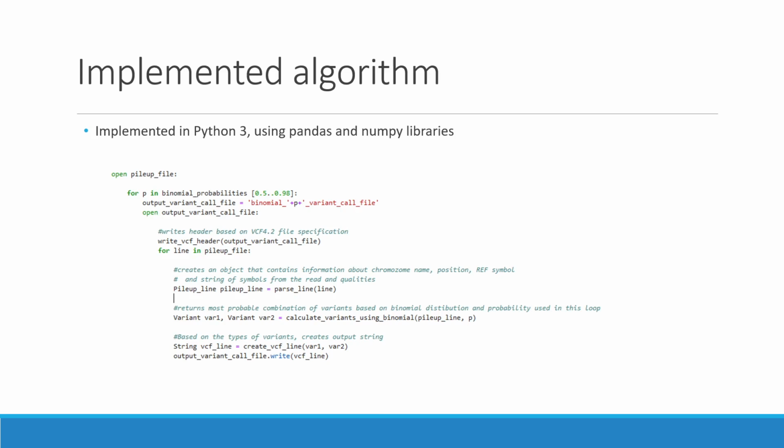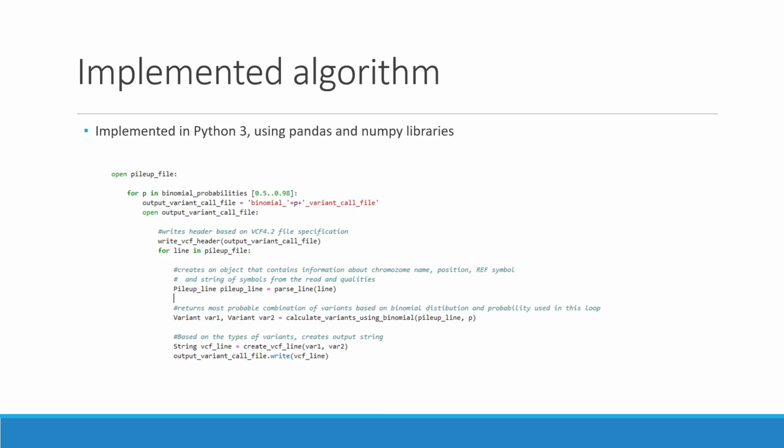The algorithm is implemented in Python 3 using pandas and NumPy libraries. It opens a pileup file, and then for all the values of single success probabilities, it creates a different variant call file, writes its header, and then goes through the pileup file line by line and parses it to get the information for every position: the chromosome name, position, reference symbol, and the sample bases and their qualities.